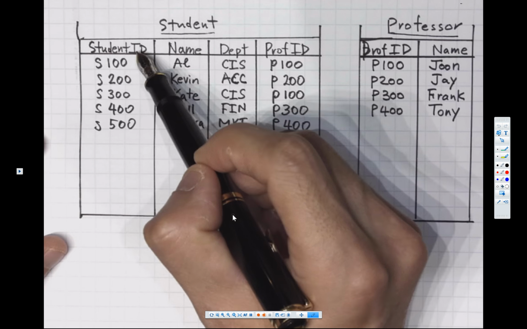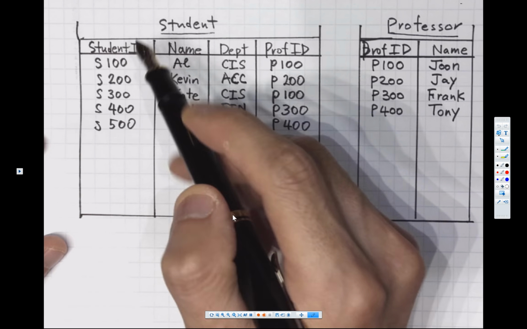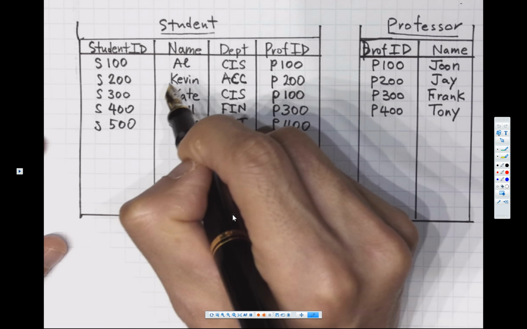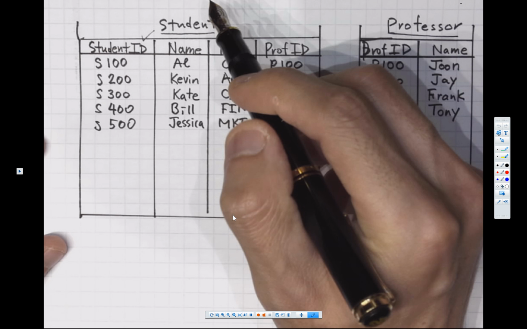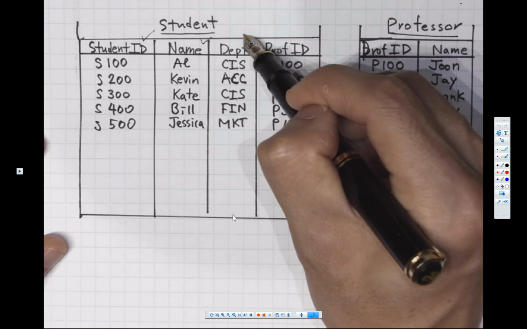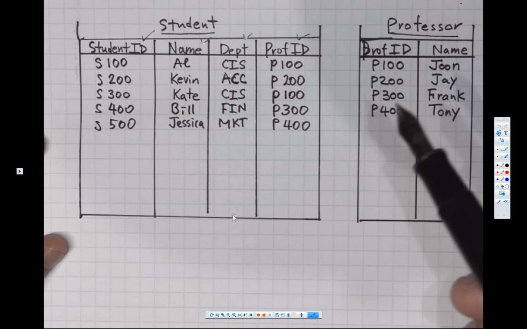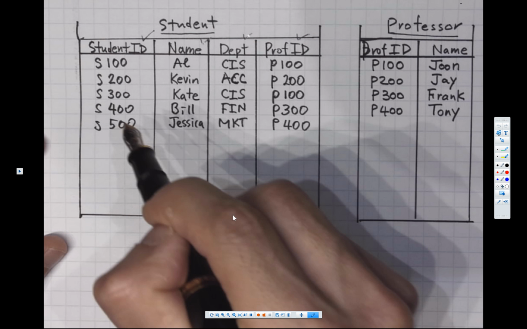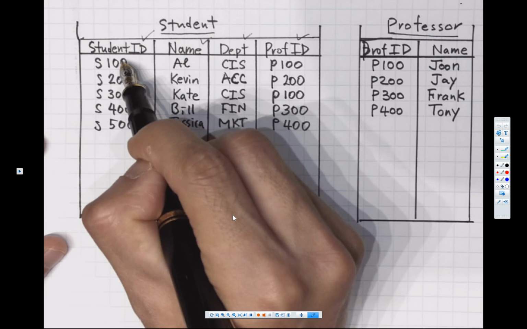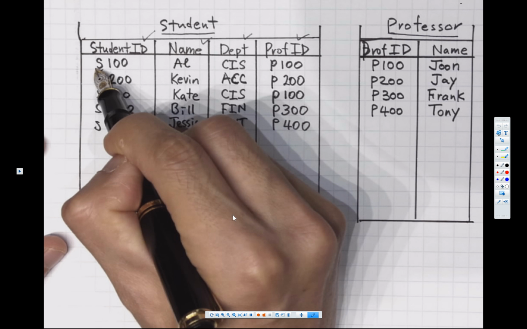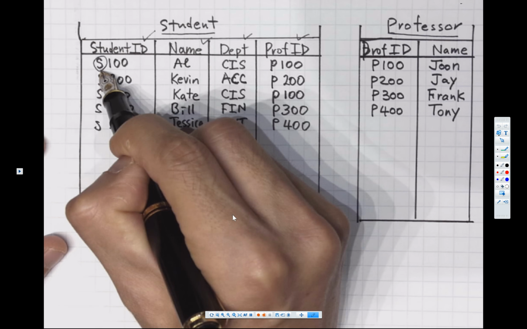And let's look at the columns, or the attributes. So we have student ID, name, department, and professor ID. For example, the student ID value always starts with S. S stands for student, right?